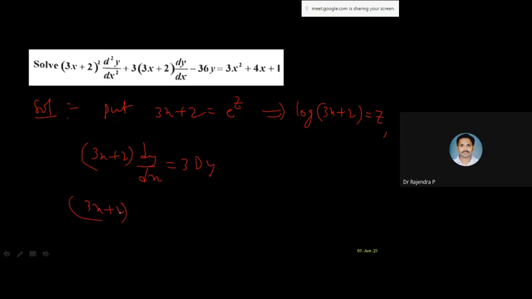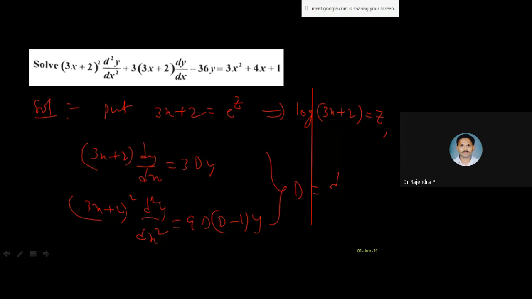Then (3x plus 2) whole square d square y by dx square, second term, what will I get? A square, 9 into D into D minus 1 into y. Here what does D stand for? D by dz.